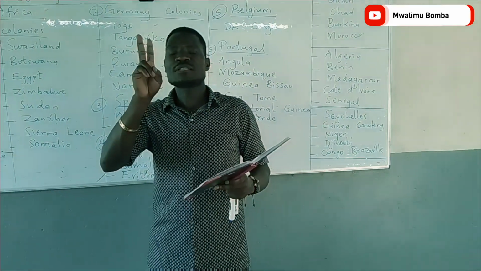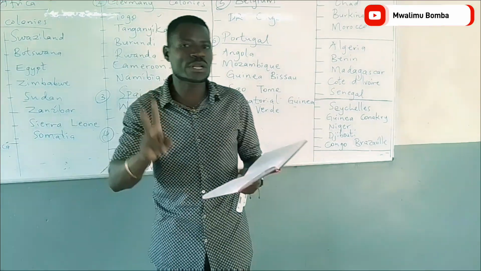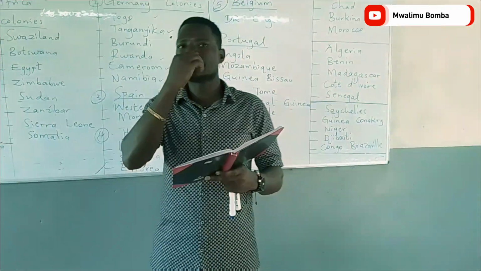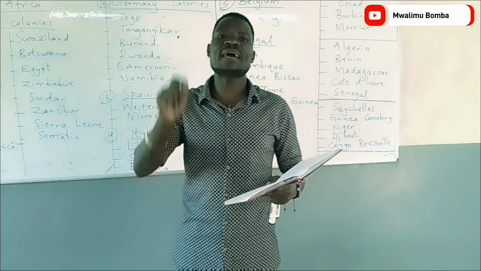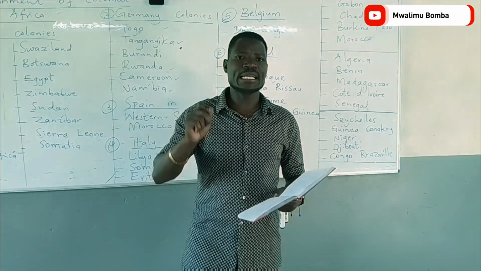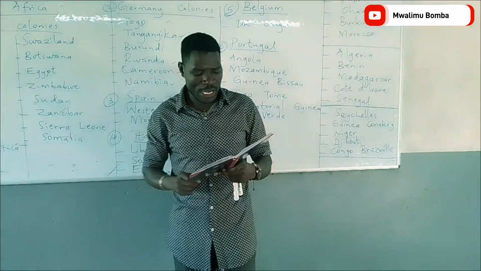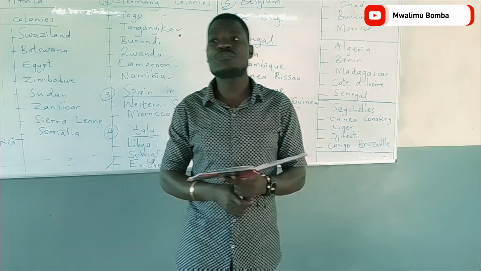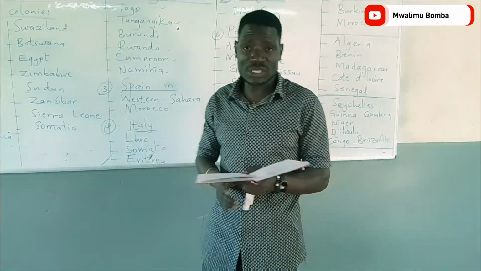Number 2, the second term of the Berlin Conference of 1884-1885 was the free navigation of River Congo and River Niger.